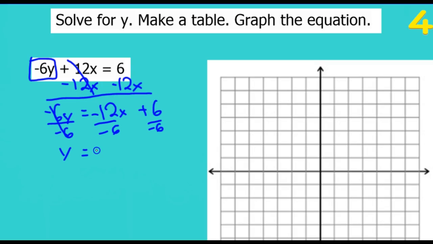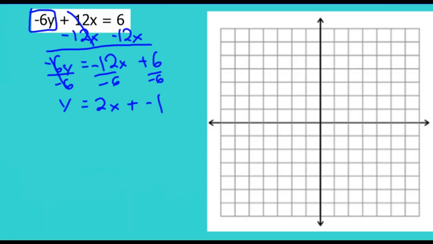That gives me a positive 2x plus a negative 1, or just minus 1. We should write this as negative 1. So now we just got to make our table.